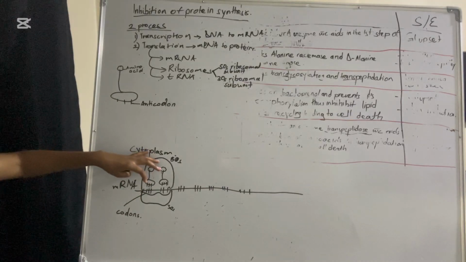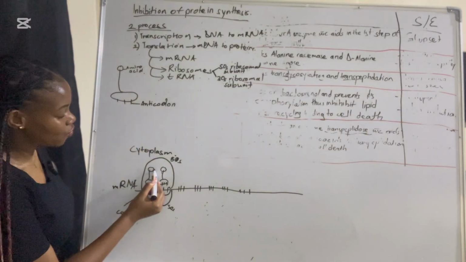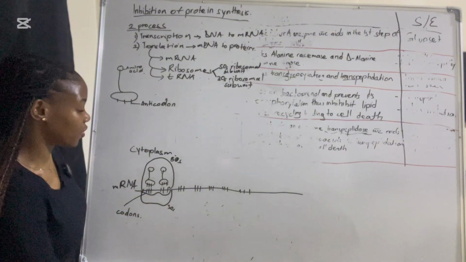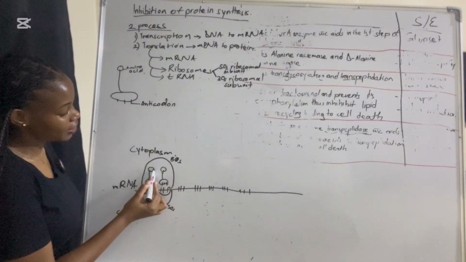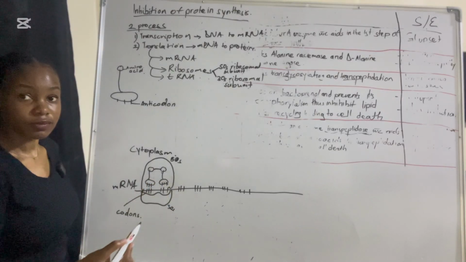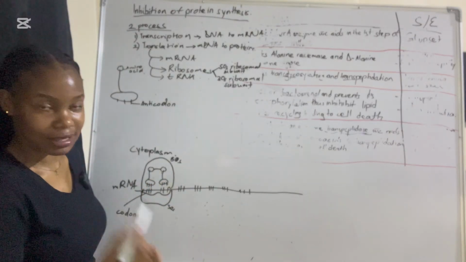The 50S has an enzyme, peptidyl transferase, that is responsible for creating a peptide bond between the amino acids.